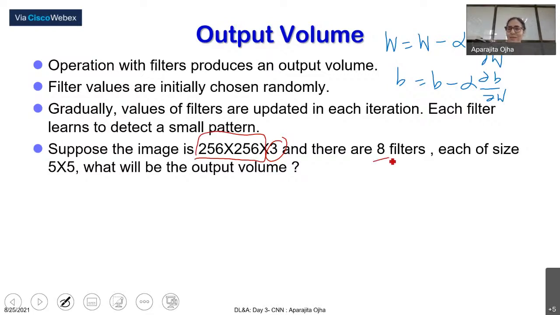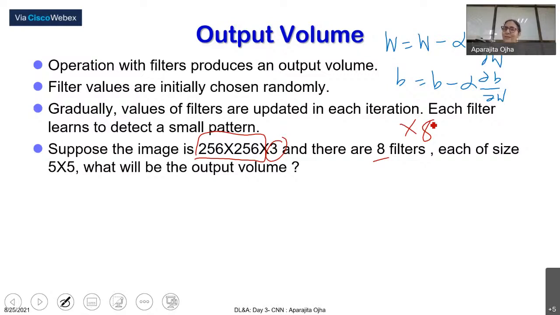There are 8 filters. So the depth of the output volume is certainly going to be 8, right? There are 5 cross 5 filters. Suppose you are taking a stride of 1, you can shift up to what level?